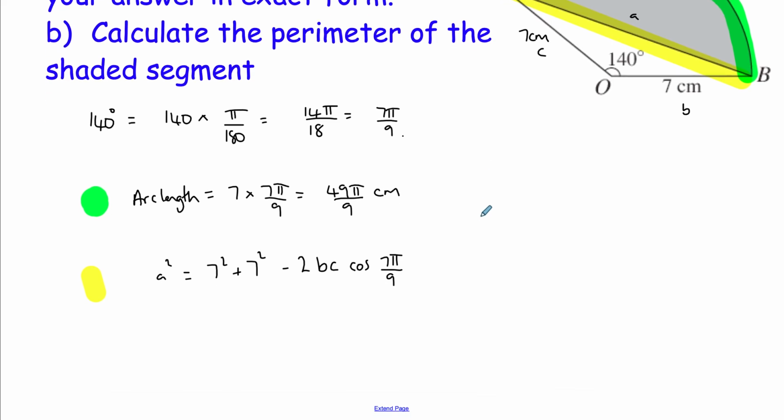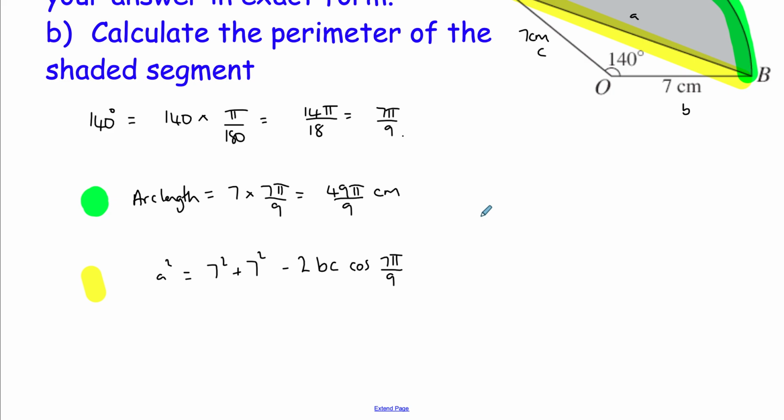I'm going to make sure my calculator is in radians, which it is because we converted it a couple of lessons ago. 7 squared plus 7 squared minus 2 times 7 times 7 times cos of 7 pi over 9.